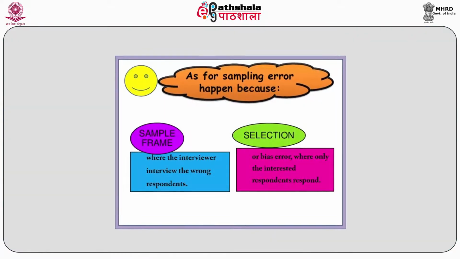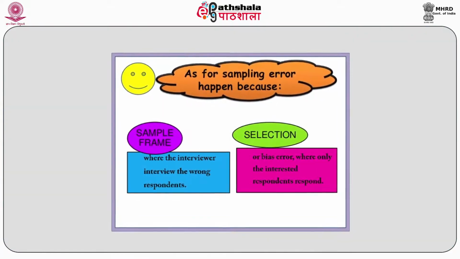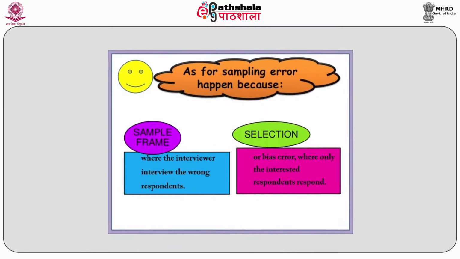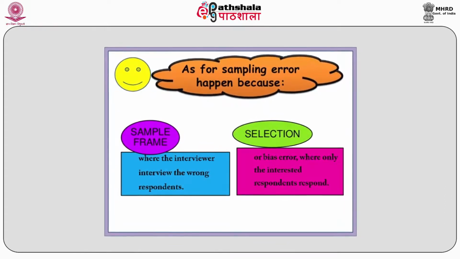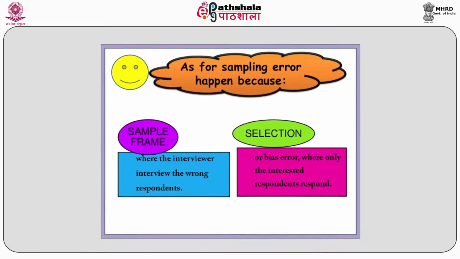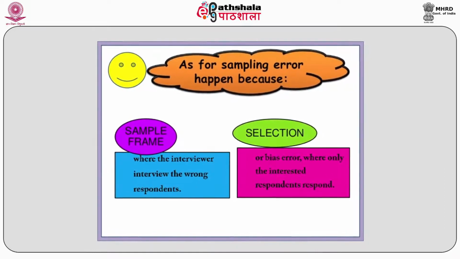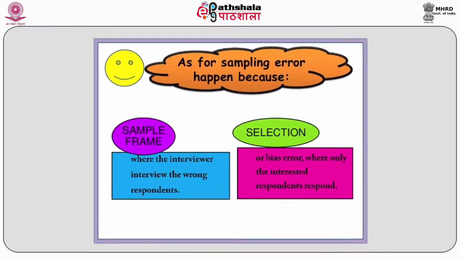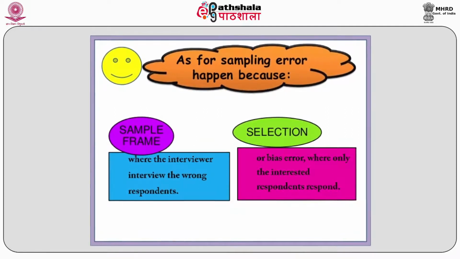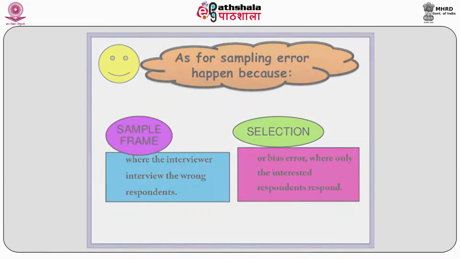That is, sampling error decreases with the decrease in sample size, and sampling error increases with the increase in sample size. Sampling error can be measured for a given sample size and a given sample design. The measurement of sampling error is usually called the accuracy of sampling plan. If the sample size is increased, the accuracy in the sampling also tends to increase.